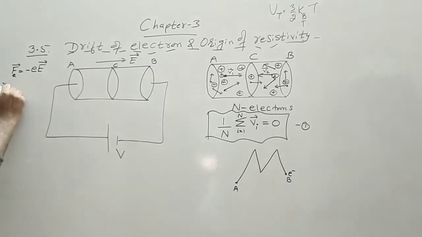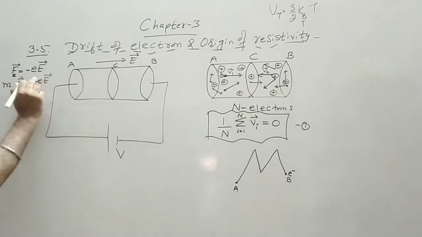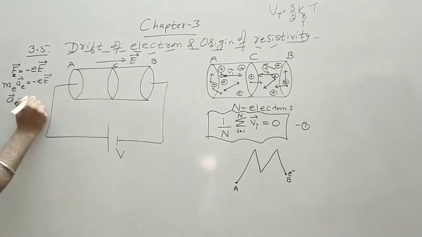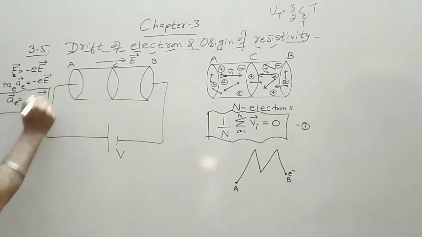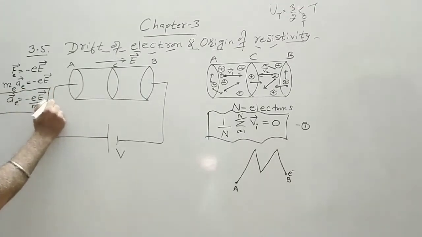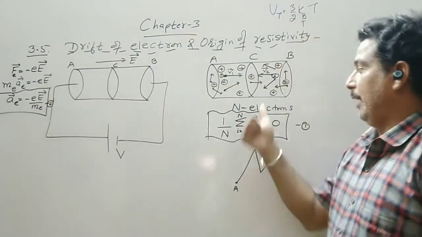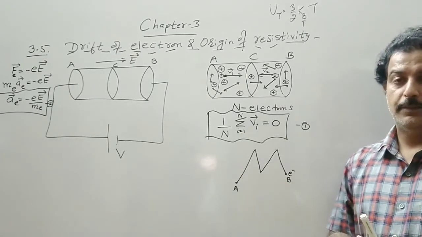Now according to the second law, mass into acceleration is equal to minus eE vector. So the acceleration of an electron is equal to minus eE upon the mass of the electron. So without the diagram, I can say in the absence of an electric field, all the electrons were in random motion.